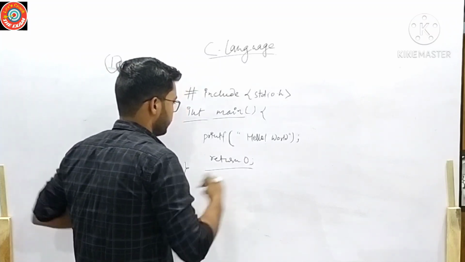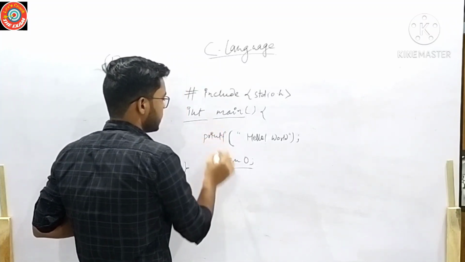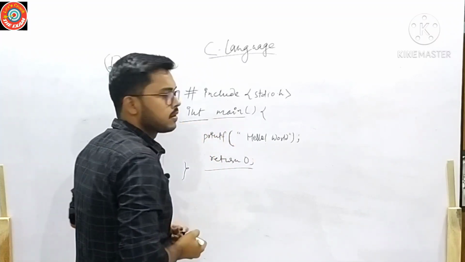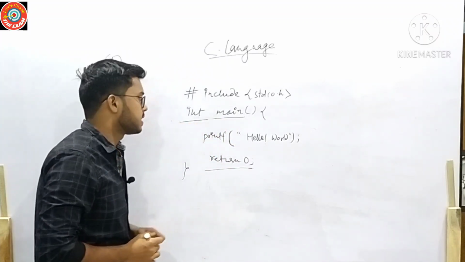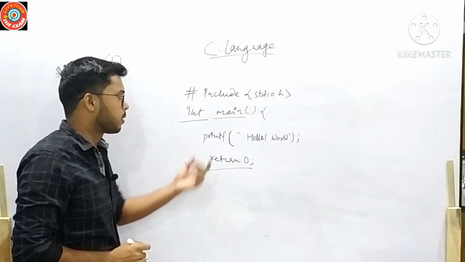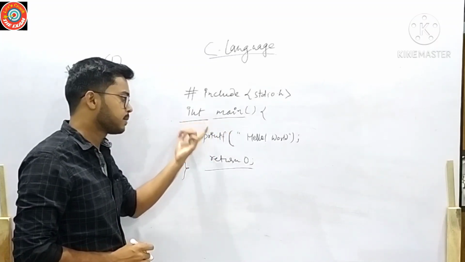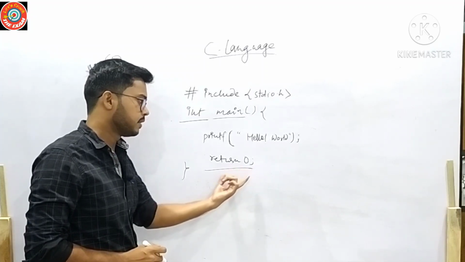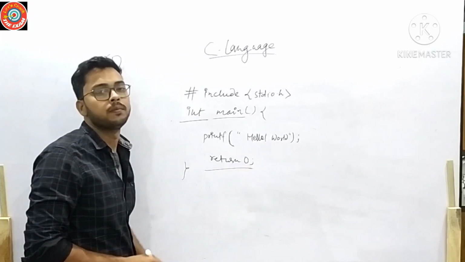We return it because our main function returns an integer type, so we have returned the integer 0.